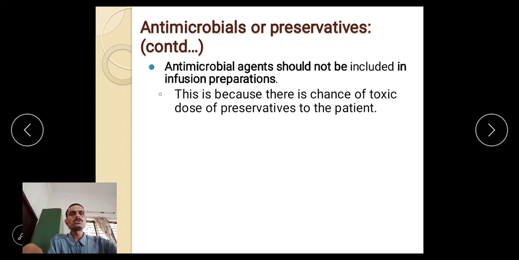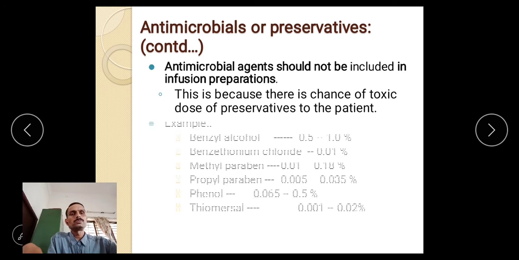This is because there is a chance of a toxic dose of preservatives reaching the patient, because we are not giving one bottle, we are giving 3-4 bottles per day of infusions or nutrients. There may be a chance of a toxic dose from the preservatives themselves. The more preservative goes into the body, the more it will cause a toxic reaction.